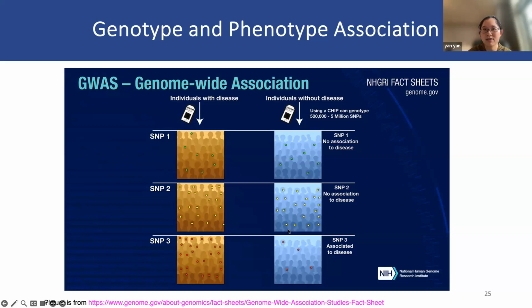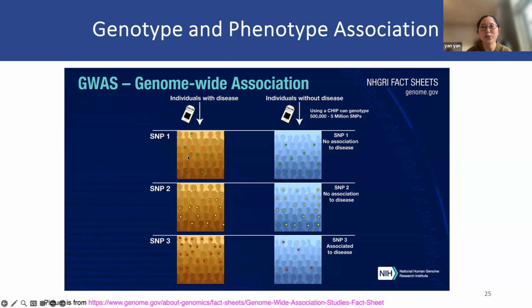SNP2, we didn't find much difference. But if we look at SNP3, you can see the group of individuals with disease has much more of this kind of SNP compared to the individual groups without the certain disease. So those differences could suggest that this change of SNP may contribute to or be associated with a certain disease. So this is just a really simple illustration of that.